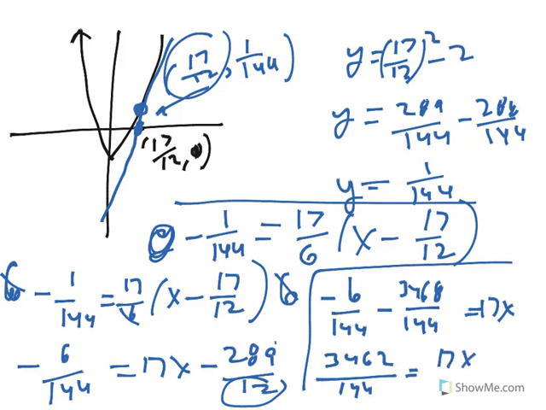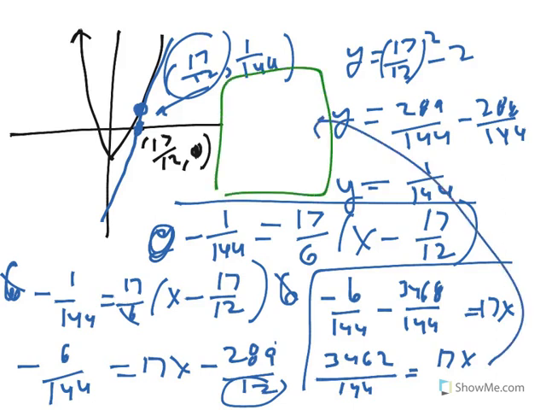Divide both sides by 17, and we get 3462 over 2,448. That happens to reduce to 577 over 408. And if you type that into a calculator, you will see something extremely close to the square root of 2. So that's how Newton's method works for square roots.